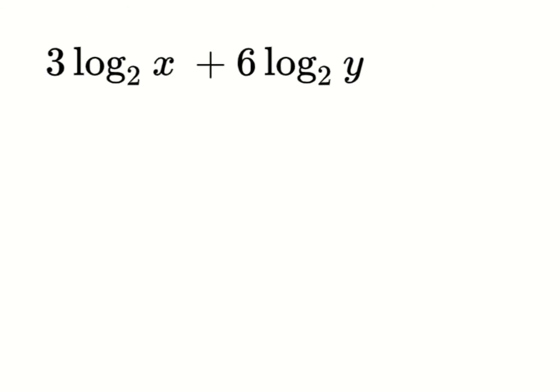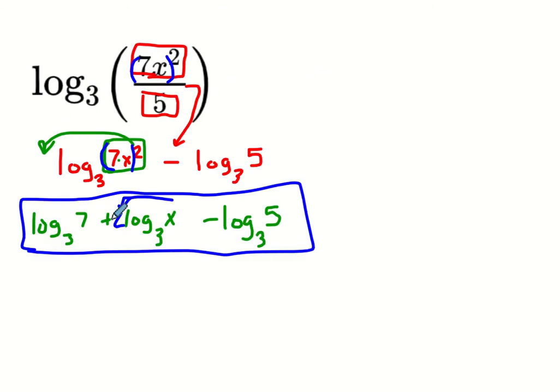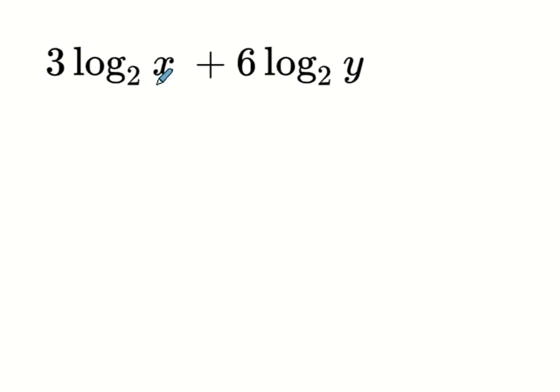Okay, now with the next one, we're condensing. So notice I said here on these types of problems, usually the exponents last. Well, when you're going in the opposite direction, it's kind of the opposite. Usually the exponents are first. So here you have a 3 up front, and so we're actually going to move that up here first, so make that x to the third. So I'm going to kind of erase that, so to speak. And that 6 is going to come here and become y to the 6.